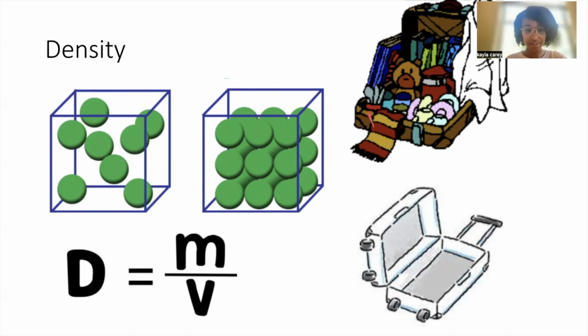But they have different types of clothes or numbers of clothes in them, right? So this suitcase is more densely packed, even though the volume of the suitcase, how much stuff can fit in there, is the exact same. So we'd say that this one is more dense than this one. And a fun way to remember D equals MV is to think of it like a heart.